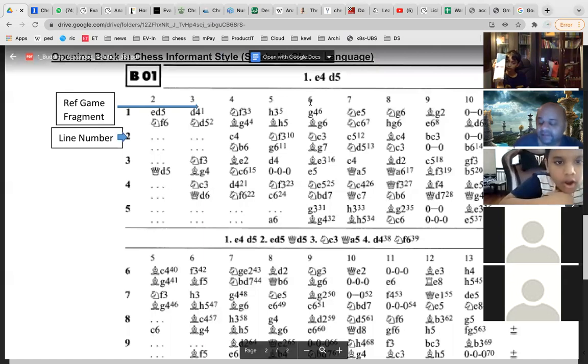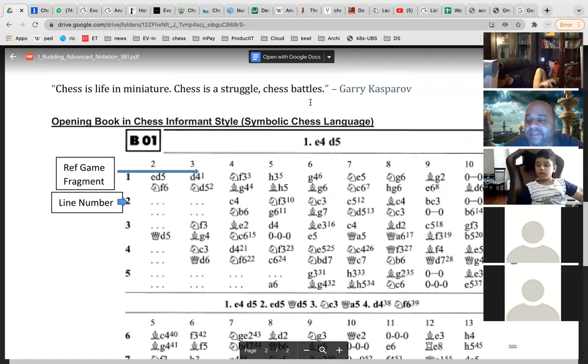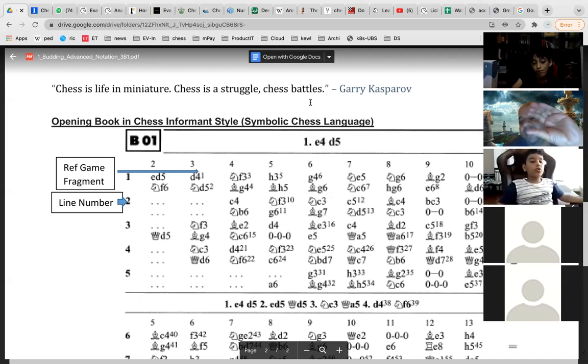There was a publisher called Chess Informant. In the 1960s they started in Yugoslavia, and they came up with something called the Encyclopedia of Chess Openings. You know the Encyclopedia Britannica? An encyclopedia has knowledge about everything in the world, but obviously you cannot write it in one book.